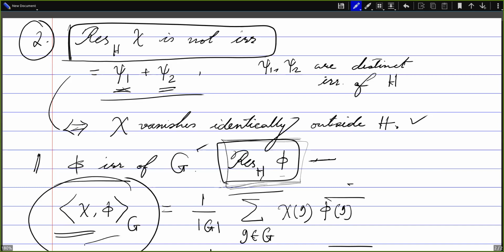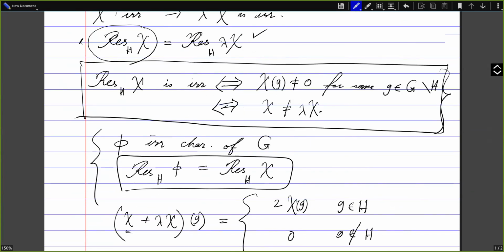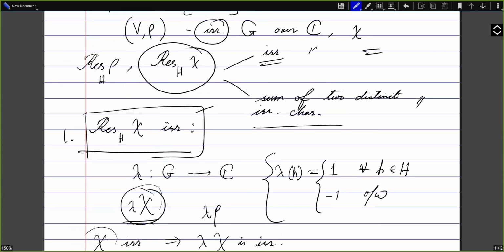Here we are concerned about whether this has at least psi 1 or psi 2 in common with the restriction of chi. If this is so, then phi has to be identically equal to chi on G. Okay. So thus we have dealt with both the situations.